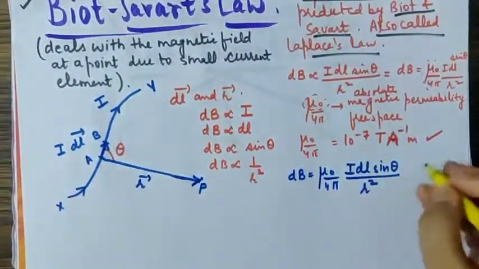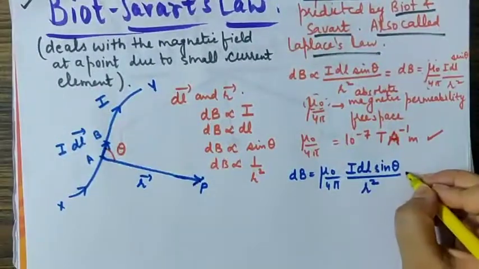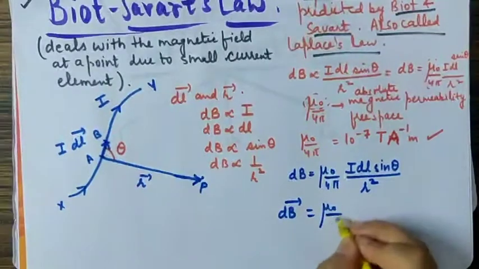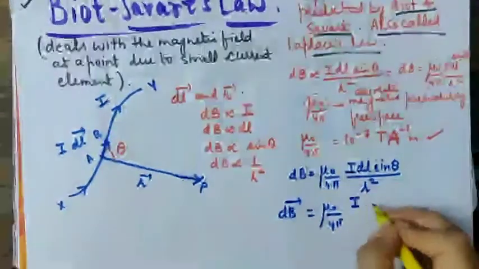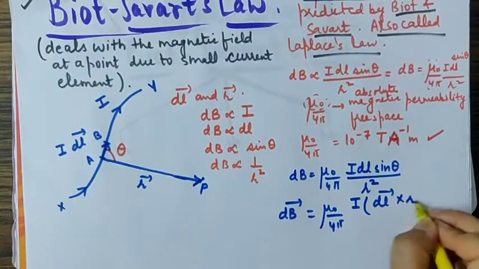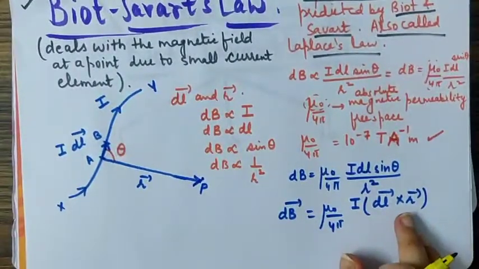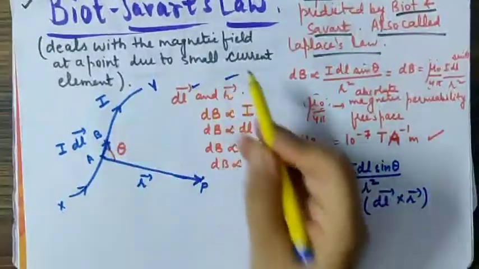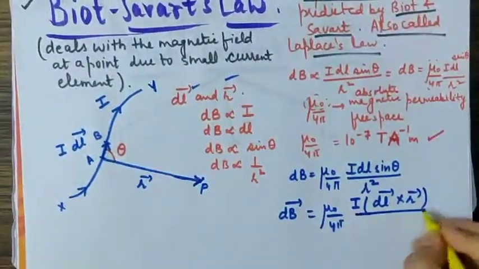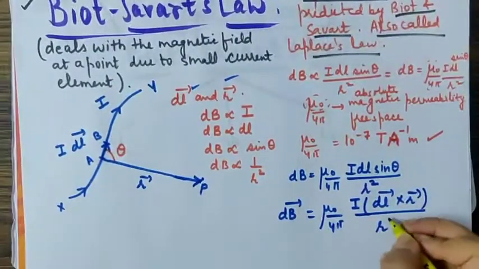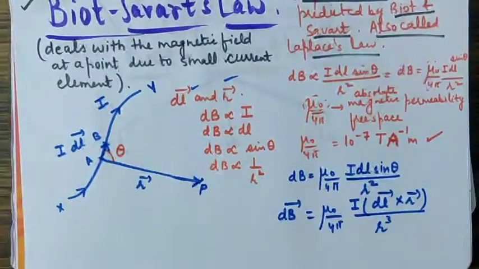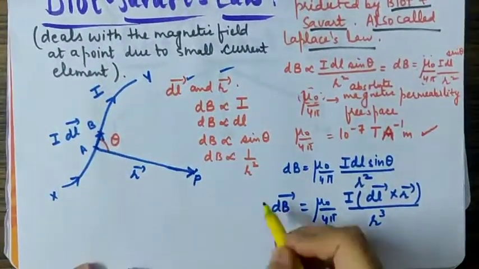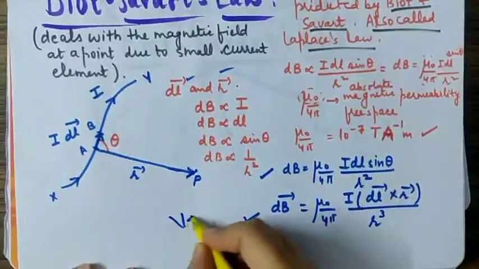If you multiply this equation by r and divide also, then dB vector is equal to mu naught over 4 pi I, dl cross r, because r is a vector quantity and the angle between dl and r vector was theta, so I can write it as a cross product, divided by r cube, since I had divided by r. So this is called Biot Savart's law and this is its vector form.